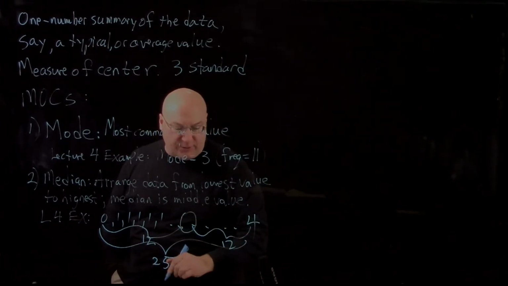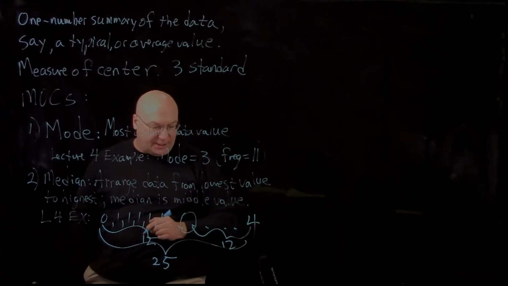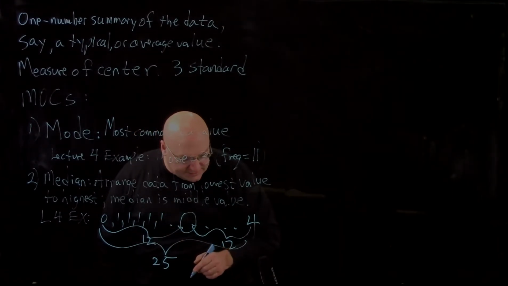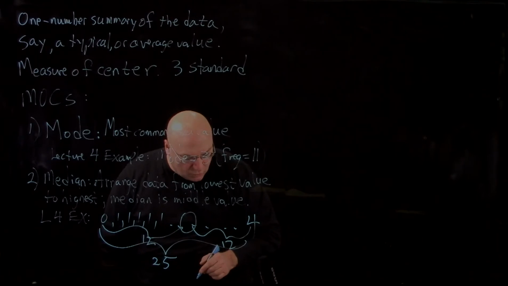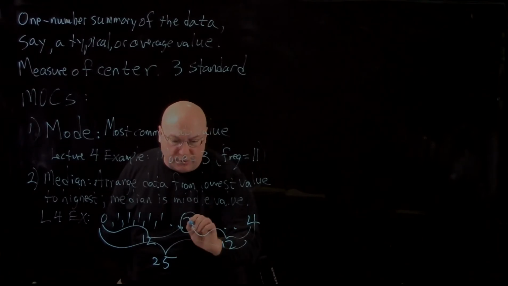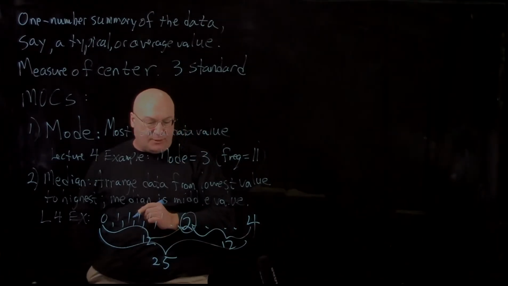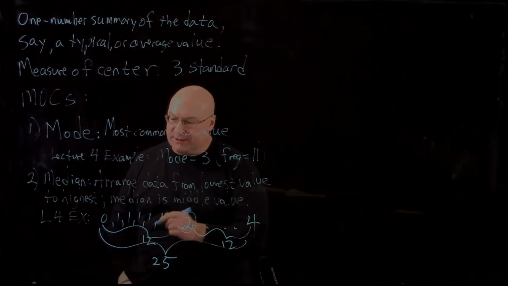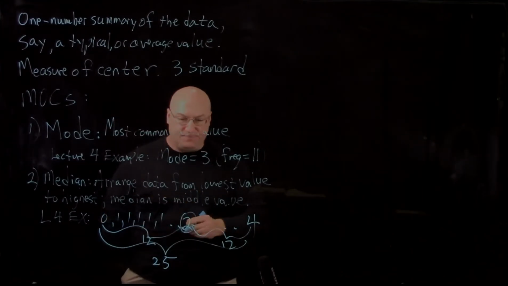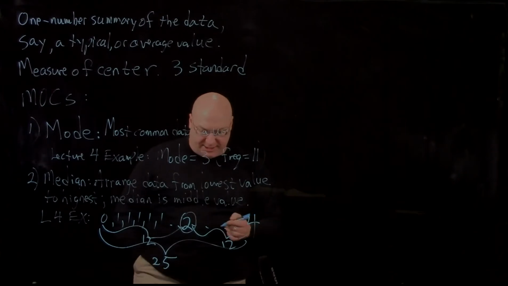And it's easy to just look in the chart and see that it's going to be 2. The 13th value in the data set will be 2, and that's easy to see. So that's the median. What about the mean?